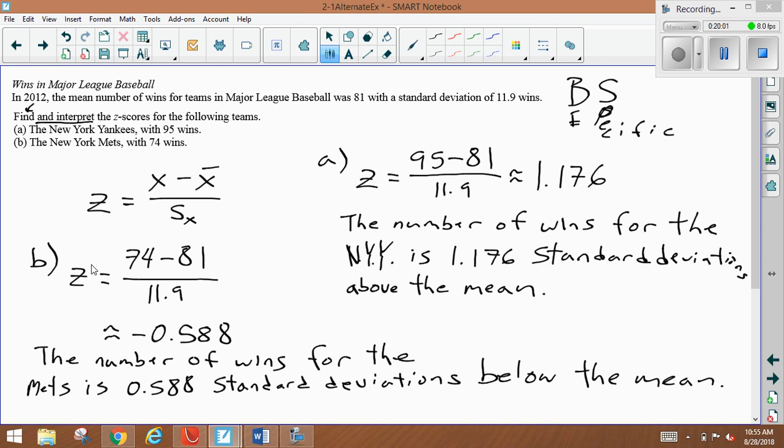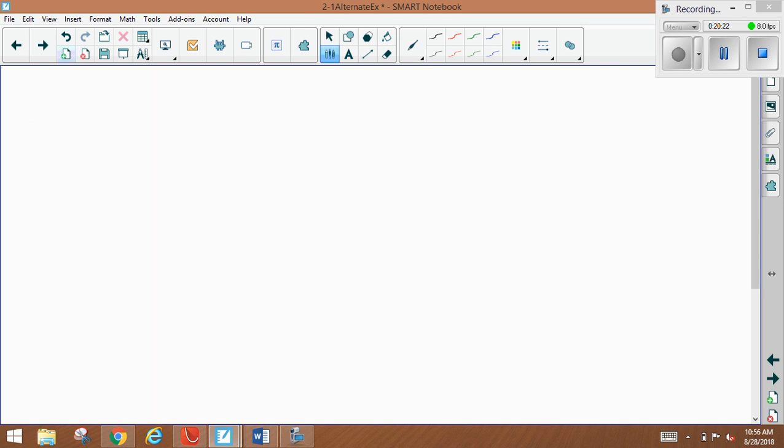Just real quick, so it's not hanging out in space, and don't get too hung up on this right now, but I have the hardest time talking about standard deviations above and below the mean without showing you what a normal distribution looks like and pointing out what a standardized version of that is. And in so doing, I can also talk to you about what counts as an extreme value for a z-score.